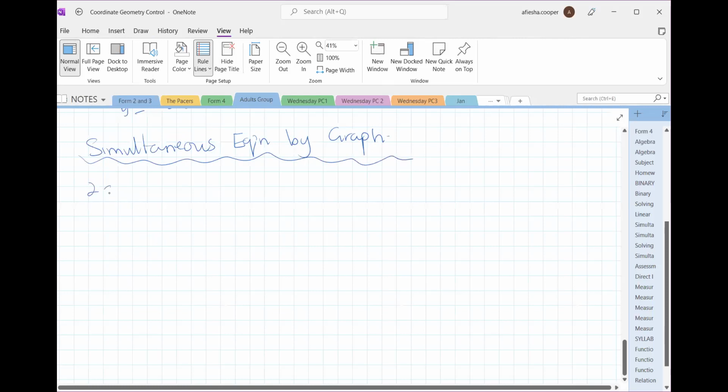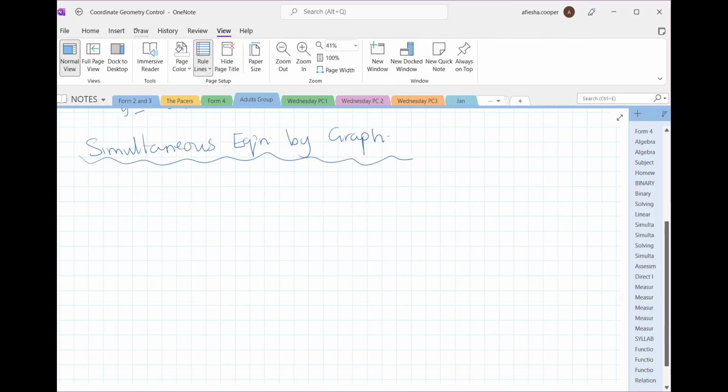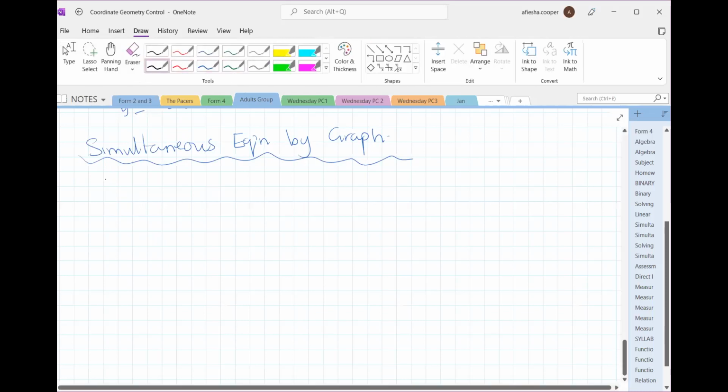So we have 2x plus 5y equals 18, and 3x minus 2y is equal to -11.